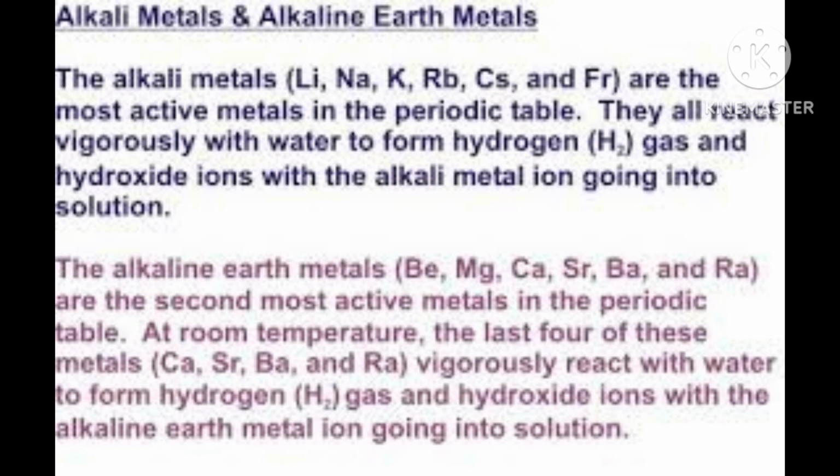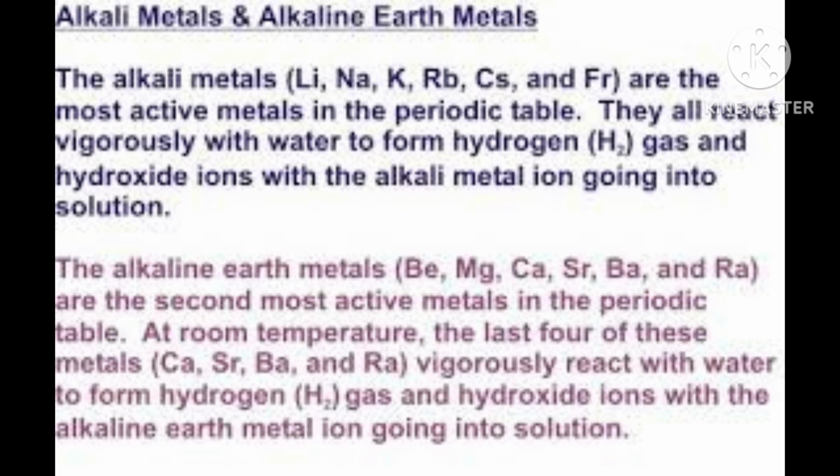Like that way, calcium has atomic number 20, and its electronic configuration is 1s square, 2s square, 2p6, 3s square, 3p6, 4s square. Means beryllium ends in 2s square, magnesium in 3s square, calcium in 4s square.